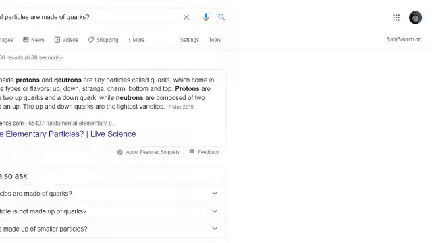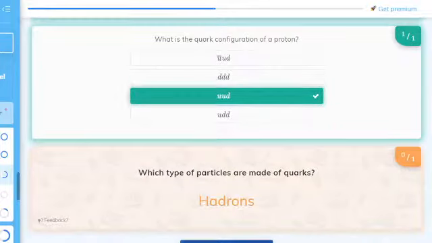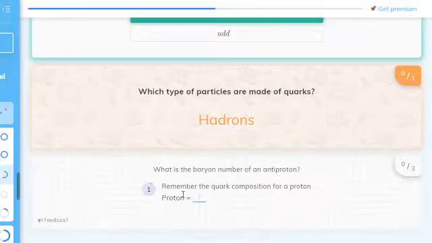Inside protons and neutrons. What type of particles are made of nucleons? It's not neutrons. Mesons? Nope. Hadrons. Okay, that's acceptable.